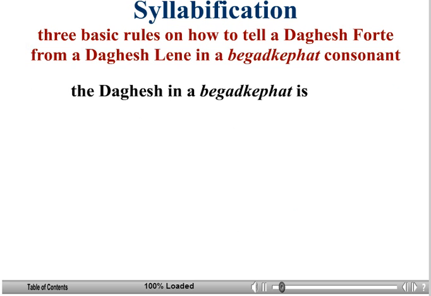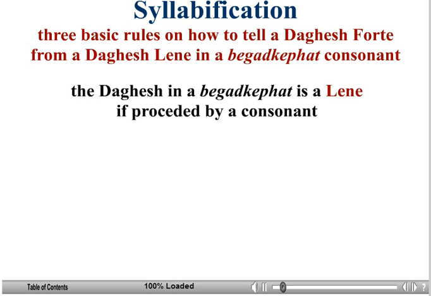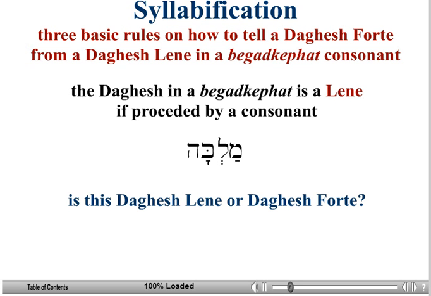The Dagesh in a Bagad Kafat is a Lene if preceded by a consonant. Again, let me repeat the rule. The Dagesh in a Bagad Kafat is a Lene if preceded by a consonant. Look at the example, malka. The kaf is a Bagad Kafat consonant and it has a dot in it. The question is, is this Dagesh Lene or Dagesh Forte?